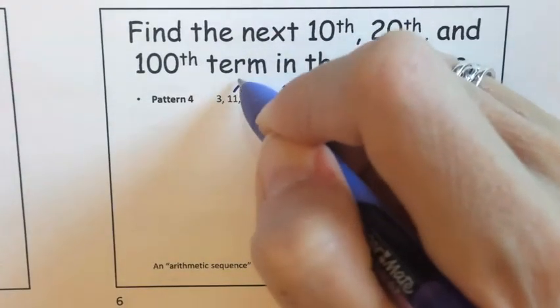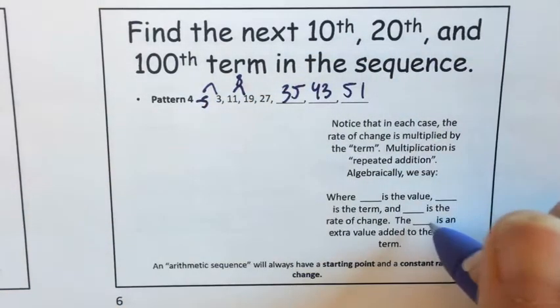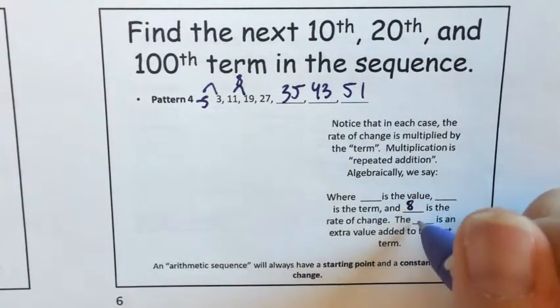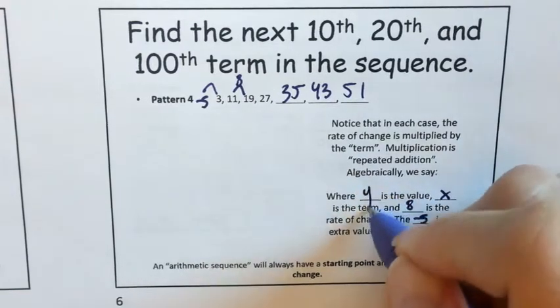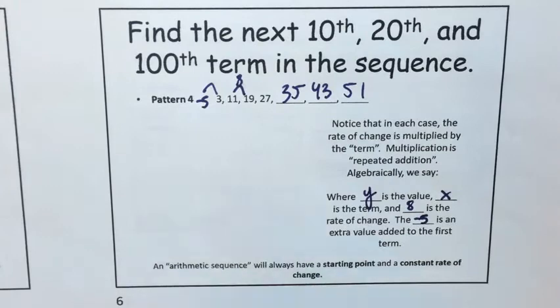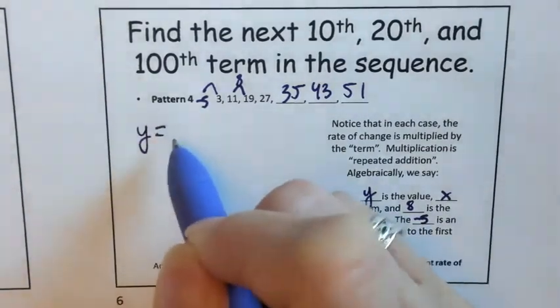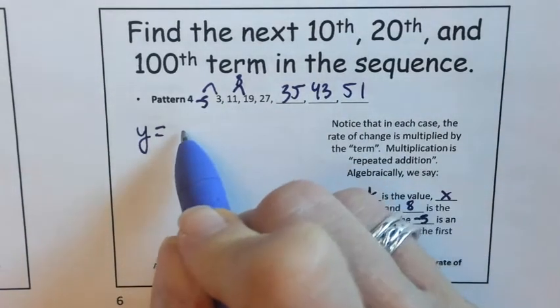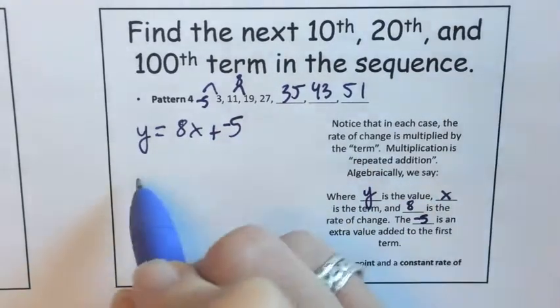So in this case, 8 is my rate of change. I'm going to originate at -5. X is my term. Y, or f of x, is my value of my term. I'm going to use y this time instead of f of x, which is the same thing. You can put plus -5 or -5.